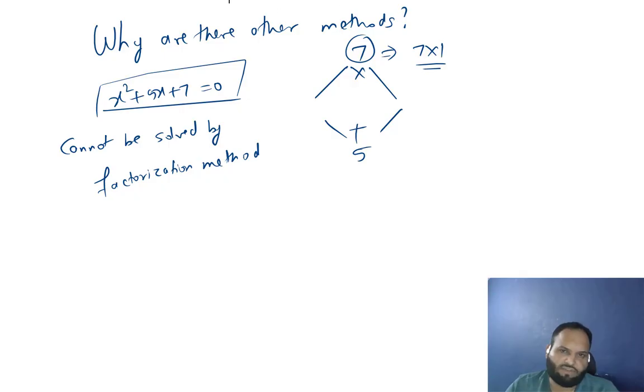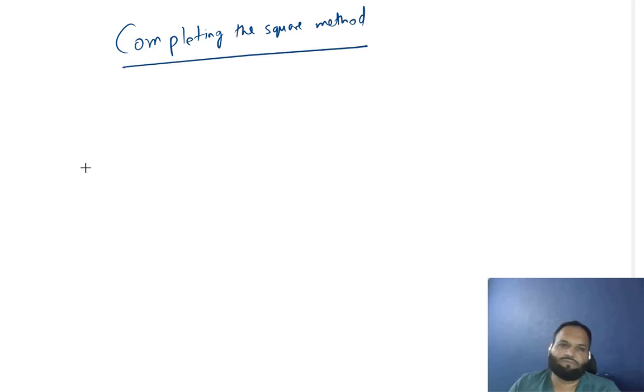Therefore we have another method called completing the square method. In this method we just complete the square and then we get the factor. Now let's see the example that we have just discussed. x square plus 5x plus 7 equal to 0 cannot be solved.